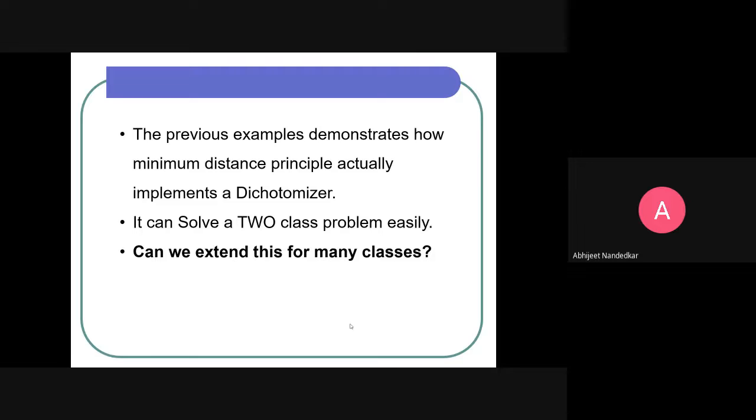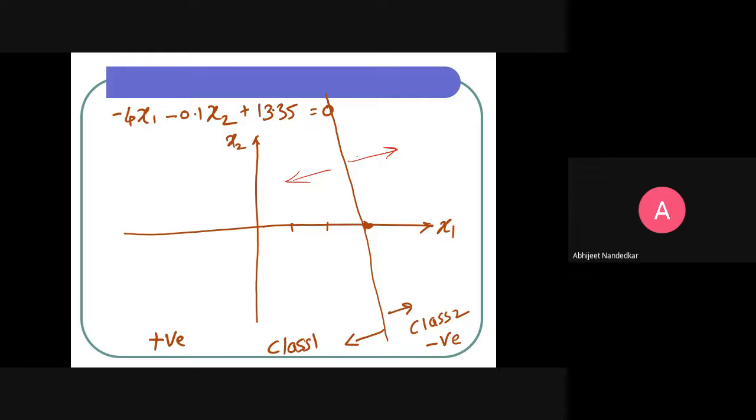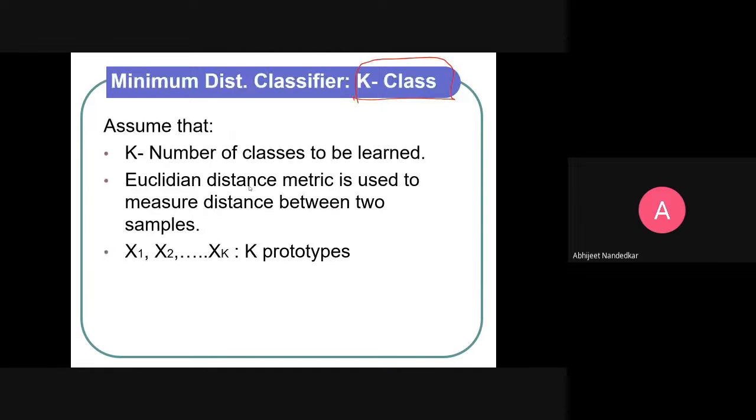So the question was, can we extend this for many classes? Our key idea here is to draw a line so that this becomes one class and this becomes the other class. So can we have more classes, or can we classify a few more things using a similar method?